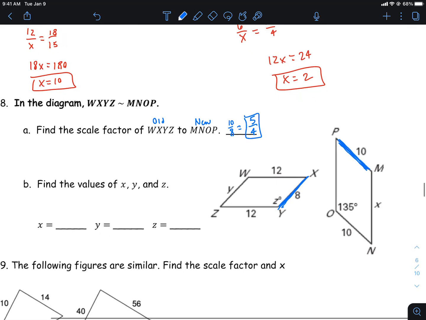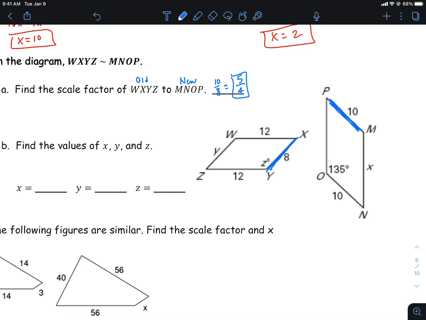Now, as far as finding these individual values of x, y, and z, it just depends on what you're finding. For x, what I would do is set up a proportion. So x matches with the 12. You say x to 12, and then find two other sides that you have, which we used earlier, the 10 and the 8. So I'll put 10 to 8.